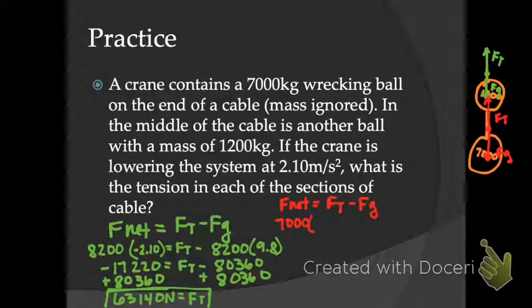So 7,000 times negative 2.1 equals Ft minus 7,000 times 9.8. Go ahead and solve for Ft. The tension in this part of the cable was 53,900 newtons.